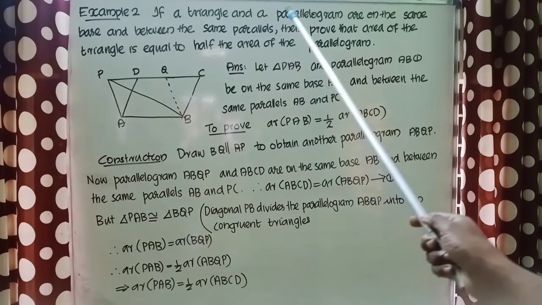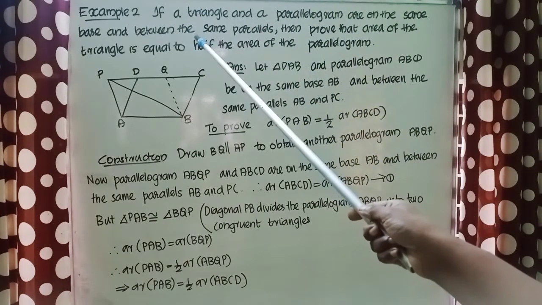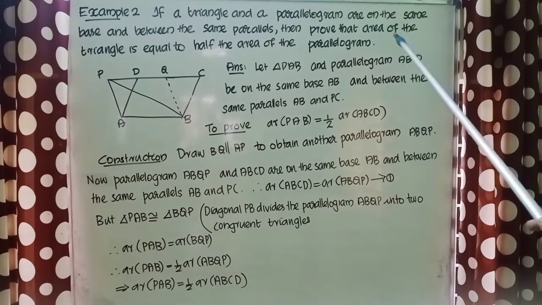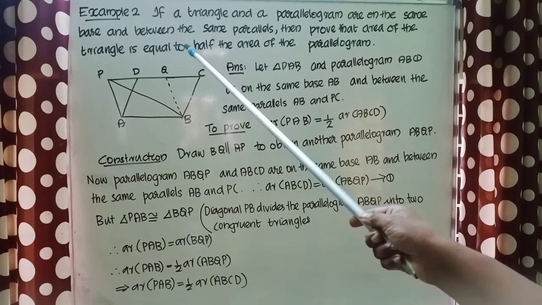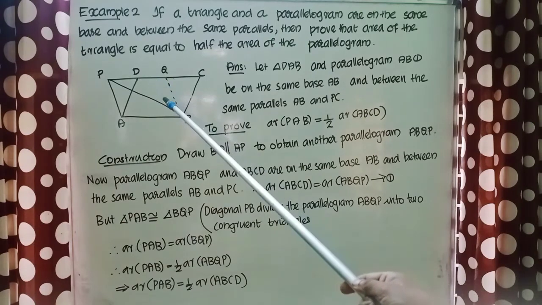If a triangle and a parallelogram are on the same base and between the same parallels, then prove that area of the triangle is equal to half the area of the parallelogram. So here is drawn the figure.